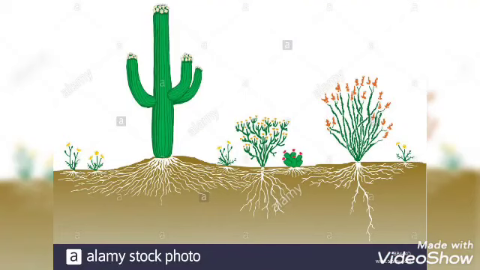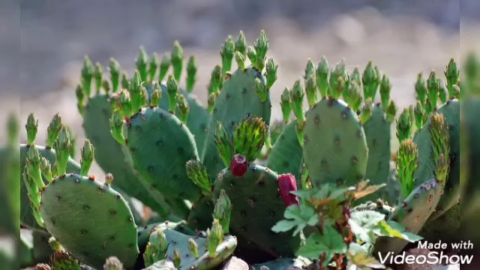For example, it has very long roots that grow very deep into the soil to absorb water. The roots in desert plants form a proper network, and they are very long and they reach up to the deepest part to absorb water.